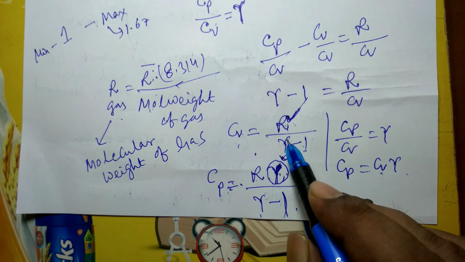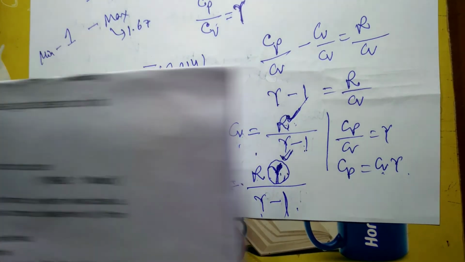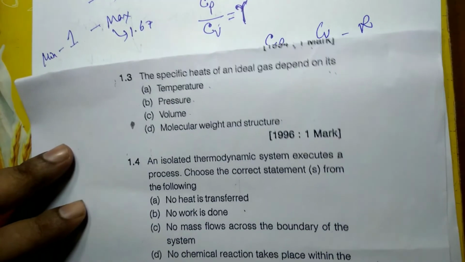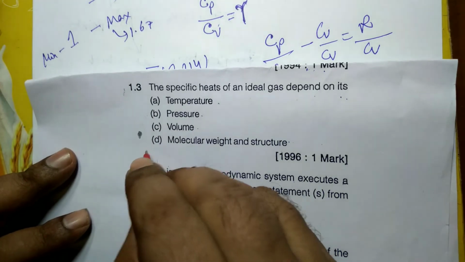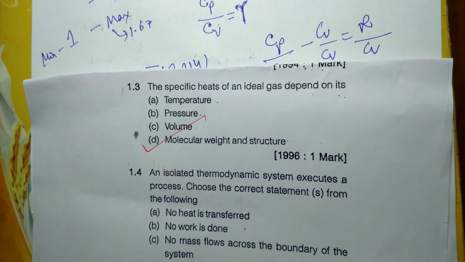So किसी भी आइडियल गैस का जो स्पेसिफिक हीट है वो टेम्परेचर और प्रेशर पे डिपेंड नहीं करता है, वॉल्यूम पे भी डिपेंड नहीं करता है obviously. So it depends upon molecular weight and structure. So option D will be the correct answer, molecular weight and structure.